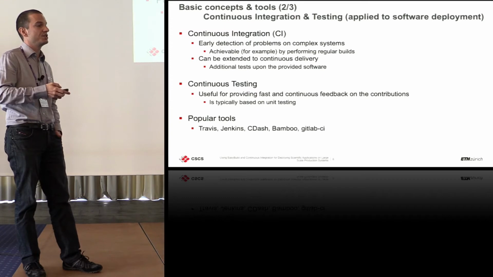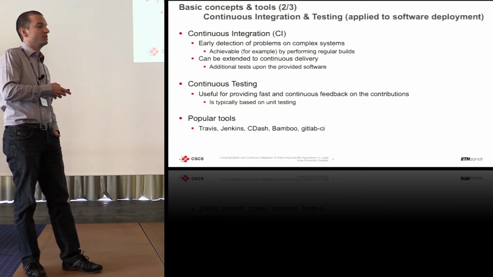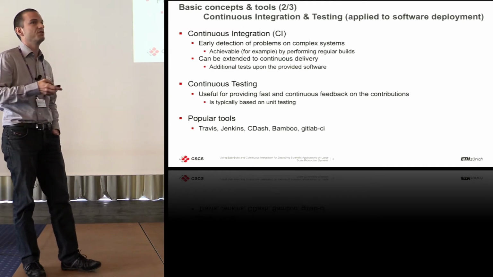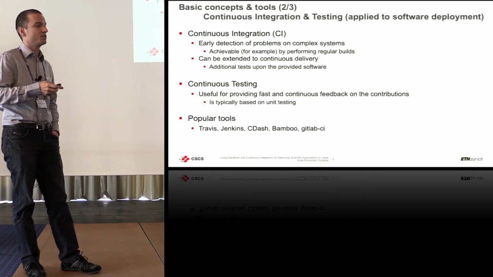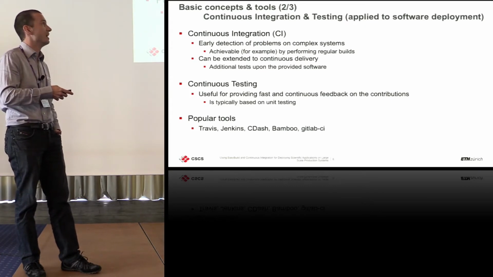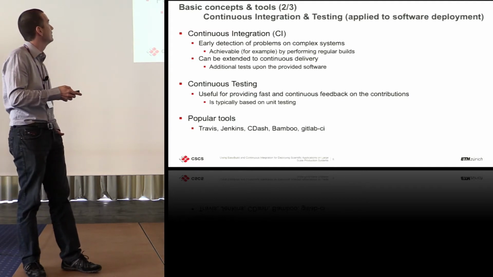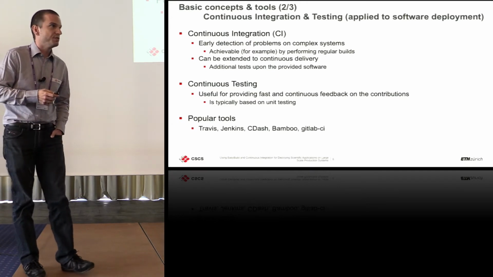So whenever there's a change in the programming environment that affects our builds, we don't wait 6 months to find out that there's one software failing. We rebuild at CSCS all of our software stack every week, so we know that our programming environment is always sane. And this can be extended to continuous delivery.